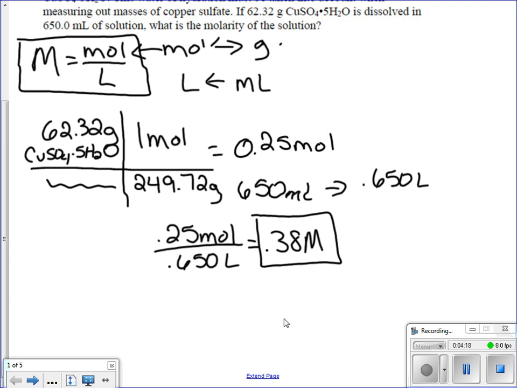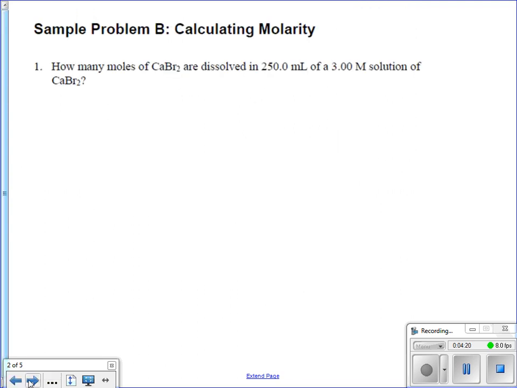So now look about halfway down the same sheet. Then we'll do 1B. How many moles of calcium bromide are dissolved in a 250 milliliter of a 0.3 molar solution of calcium bromide? So again, we know molarity equals moles per liter. This time they've given us molarity, they've given us our volume, we have to solve for moles.